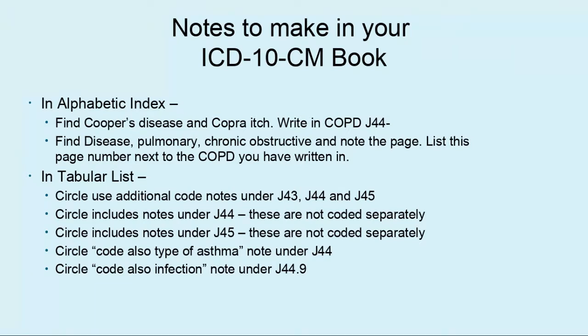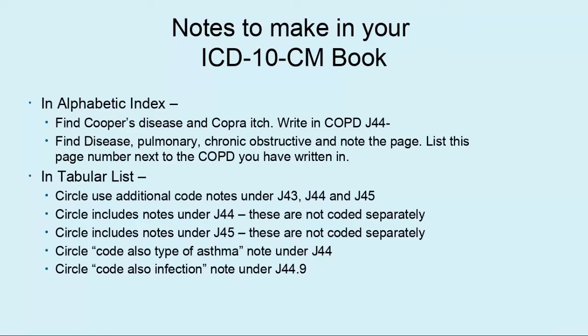In the tabular list, circle the use additional code notes under J43, J44, and J45. Also circle the includes notes under J44. These are codes that are not coded separately. Also circle the includes notes under J45. These are not coded separately. So it's really important to differentiate.